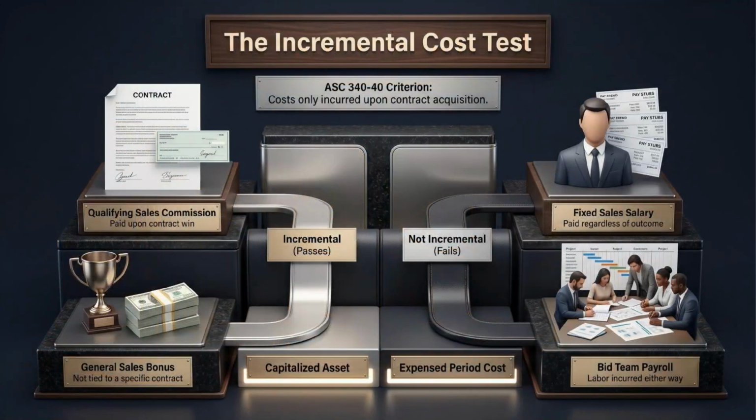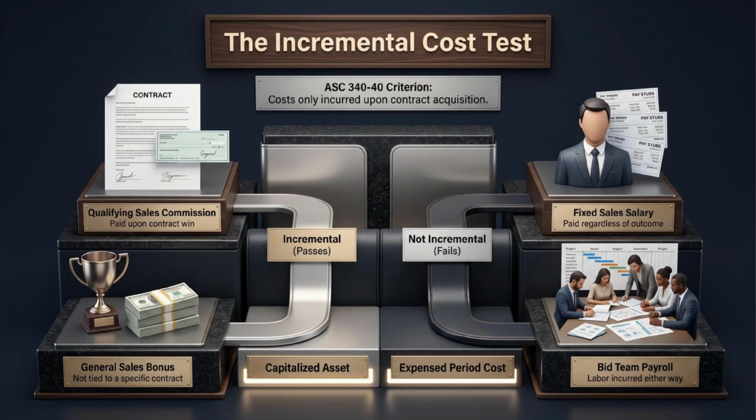The key phrase here is incremental cost. A cost is incremental if it would not have been incurred if the contract had not been obtained. A qualifying sales commission is the classic example. No signed contract, no commission. A fixed sales salary usually fails because it is paid whether the contract is won or lost.